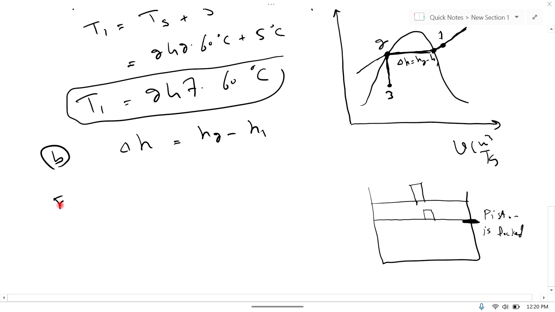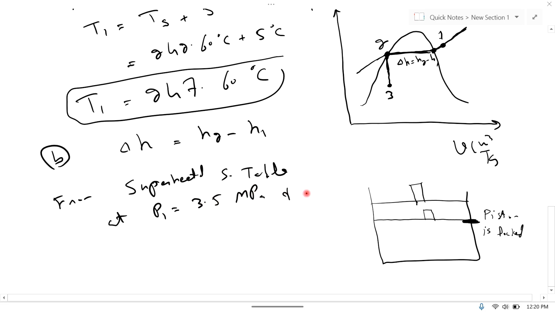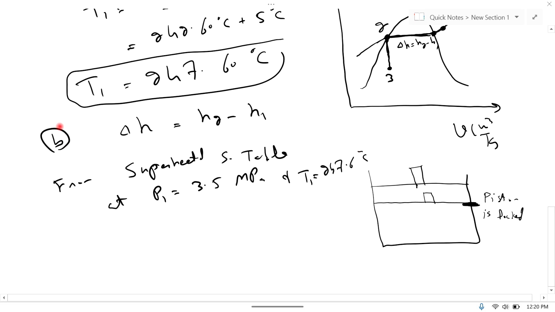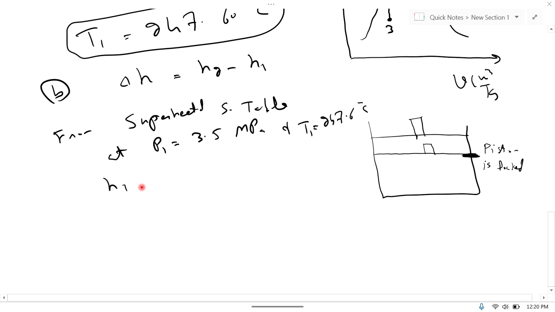So from the superheated steam table, at pressure P1 equal to 3.5 megapascal and temperature T1 equal to 247.6 degrees centigrade, find H1.